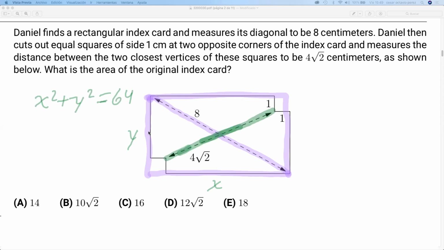If we need this diagonal, we will have this rectangle.